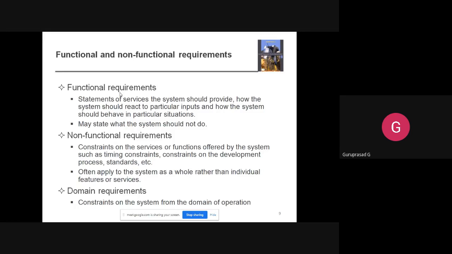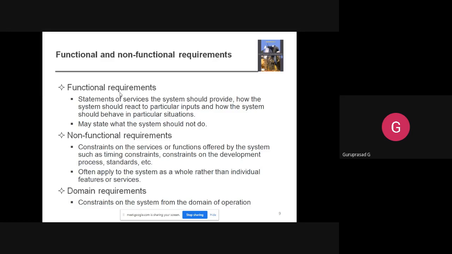It is not about the function; it is about other emergent system properties. For example, reliability, response time, or availability. This is all related to performance, correct? So that comes as part of the non-functional requirements.